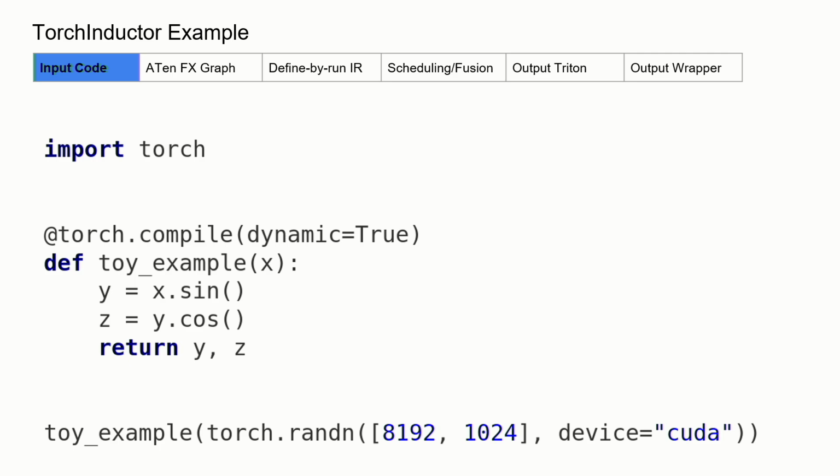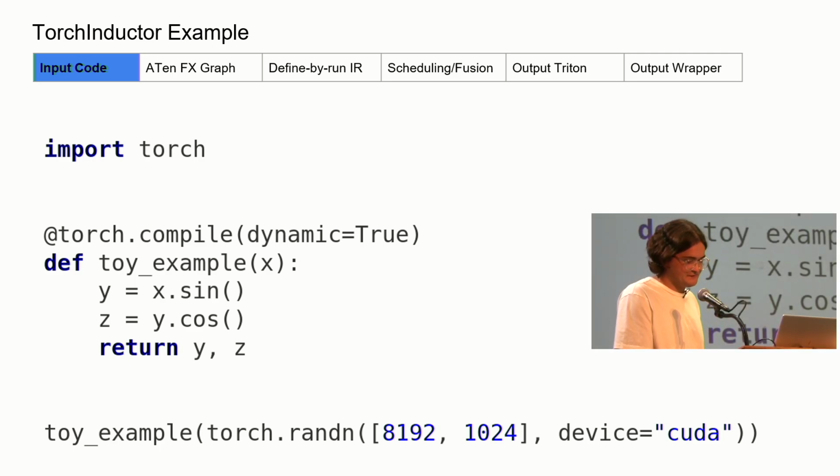We're going to go through a TorchInductor example where we're taking the sine of the input and then the cosine of the intermediary and returning both. One thing to know is we're using TorchDynamo and AOTAutograd, but we could also directly take in an FX graph to do the compilation.